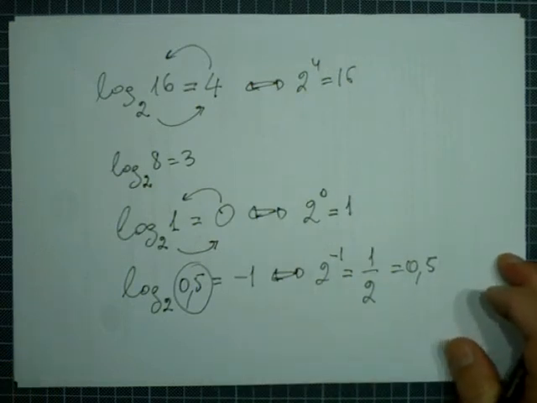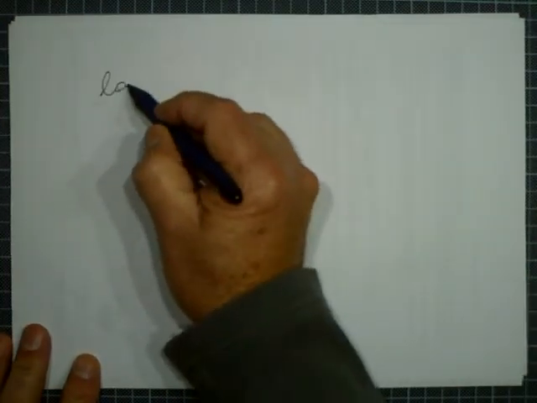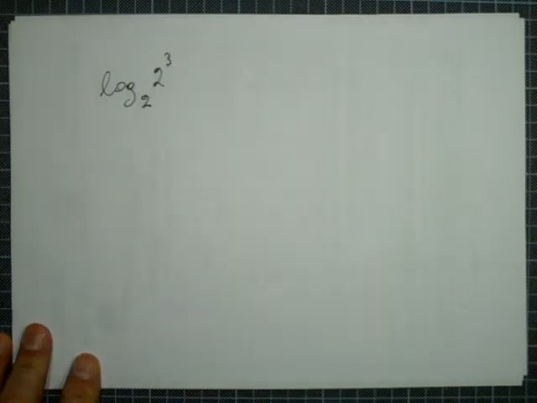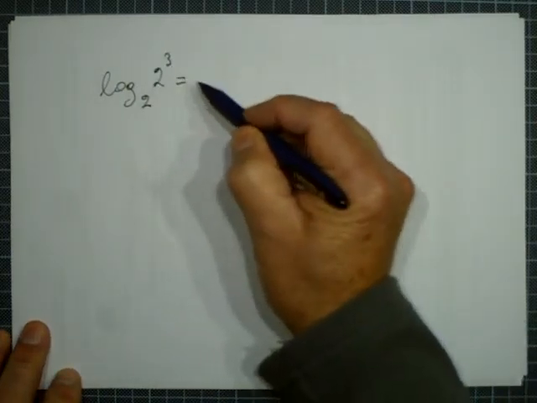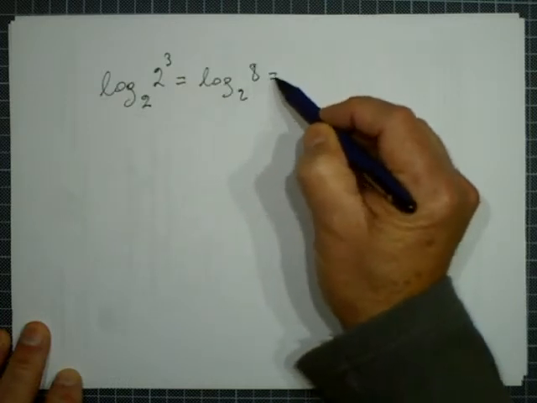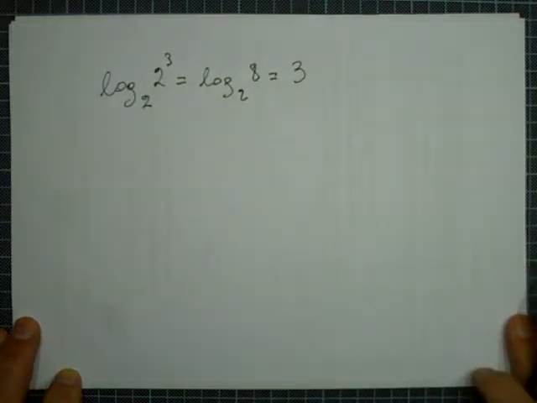Okay, now let's get to some properties of logarithms. Now, the first property, log 2 of 2 to the power of 3. We can say log 2 of number 8. As we saw earlier, this is number 3.